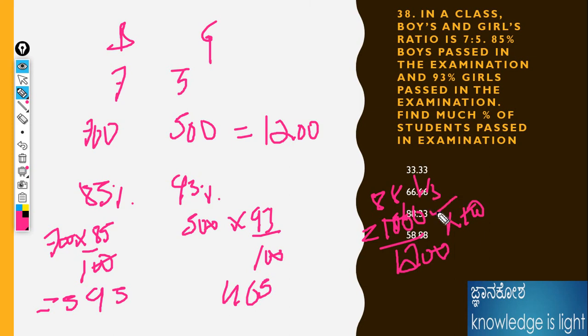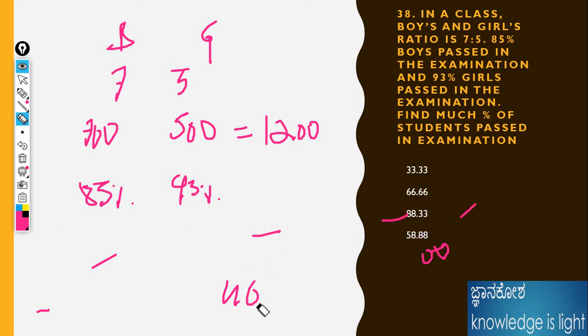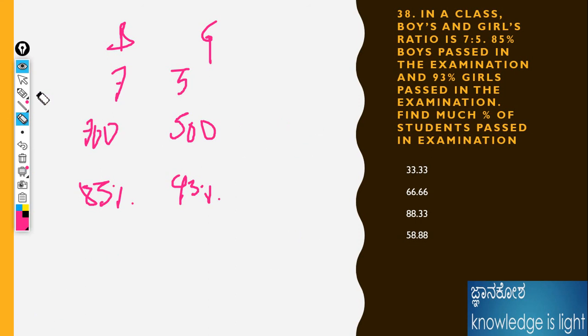How can we do the shortcut method? Just observe carefully, friends. If this kind of problem comes with an average, what is the minimum percentage here? The minimum is 85, compared to 93 and 95. Take the difference from this number. The difference of 85 and 93 is 8.